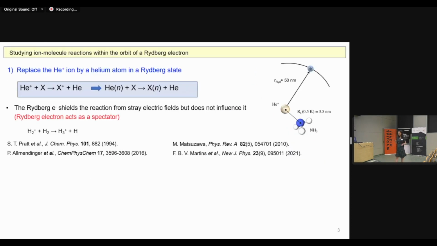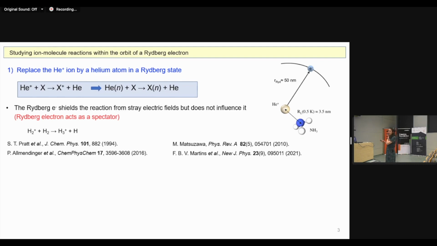So in our group, we have a way to work around this problem, and it is to replace the helium ion by a helium atom in the Rydberg state. Basically, the idea is that the Rydberg electron moves on a large orbital radius, tens of nanometers away from the core, and we assume that it only spectates the reaction between the positively charged core and the molecule, but does not influence it.